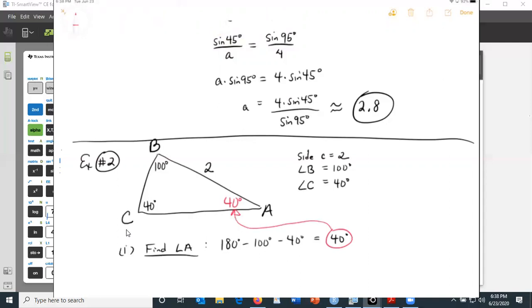All right, now once you find something, you might as well add it to your diagram because now you have more information. Okay? Now, if we ignore this 40 degrees that I just wrote in here, this configuration that I have here, by the way, is angle, angle, side.